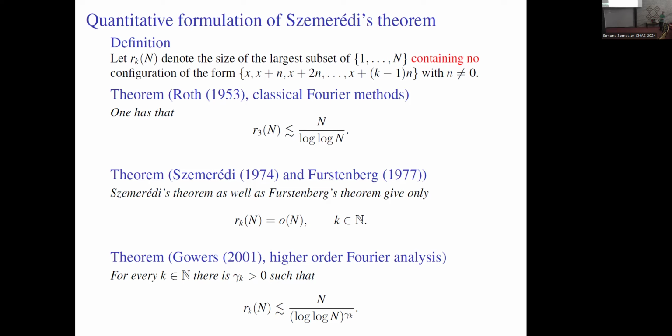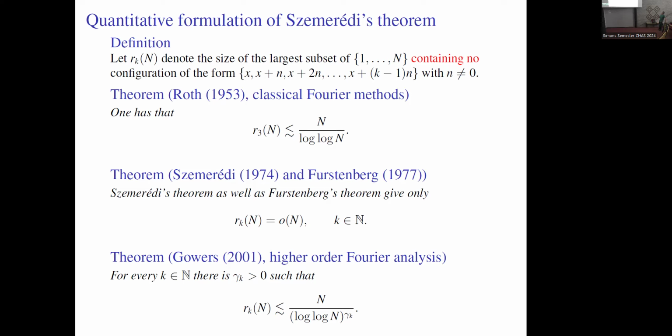And what Roth originally proved, which follows from Roth's methods from classical Fourier analysis, is that this function is controlled by n over log n, and that's the bound.